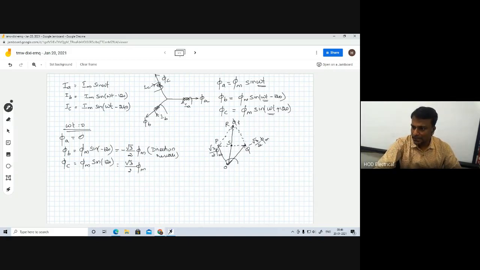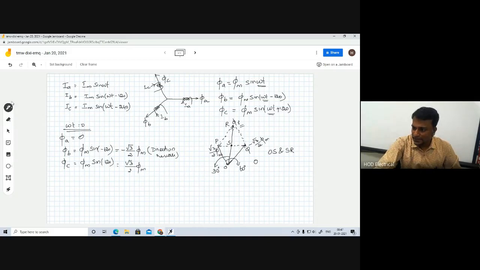Moreover, this angle is 60 degree as we know. So this half angle is nothing but 30 degree. So now I need to find out phi R. So if we would like to know what is meant by phi R, I should know what is OS and what is SR.